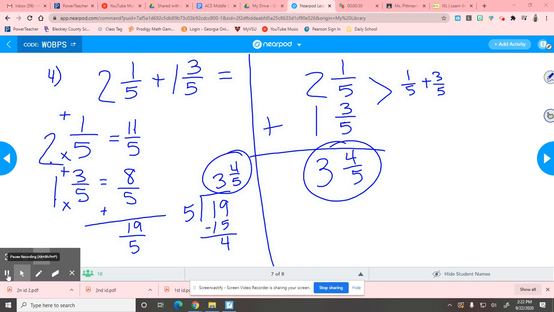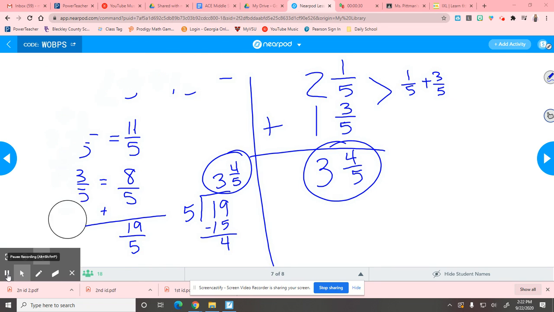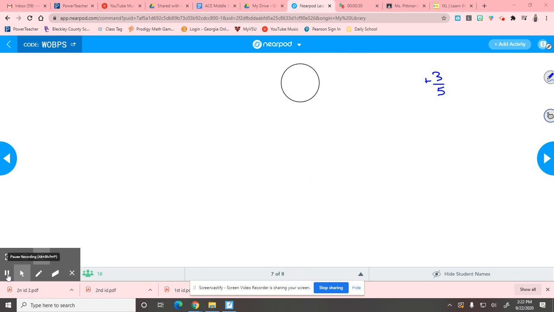All right, let's look at the second one, or number 5 on your packet. We're subtracting. We have 4 3/8 minus 1 1/4.